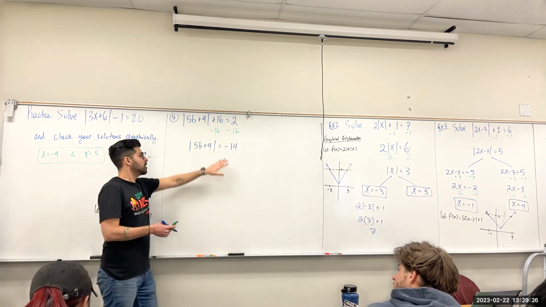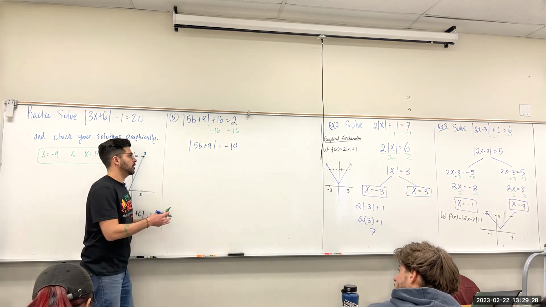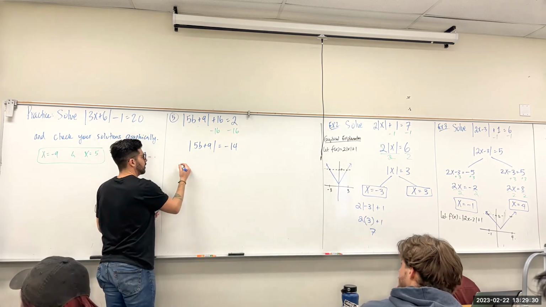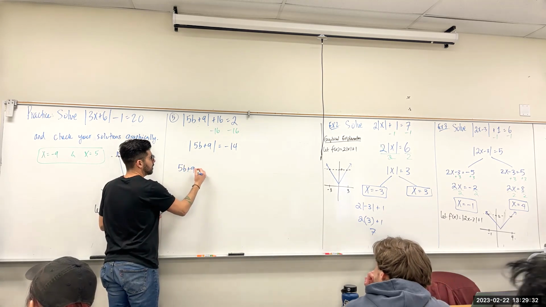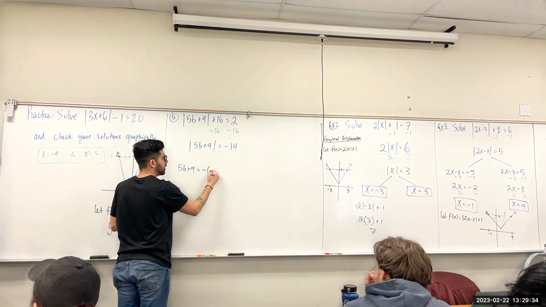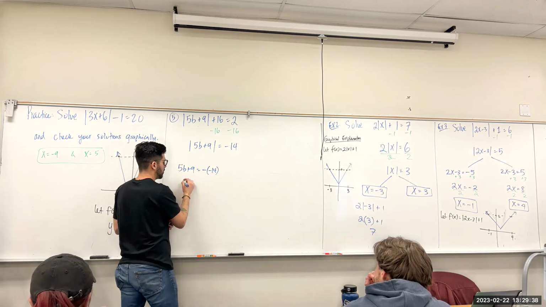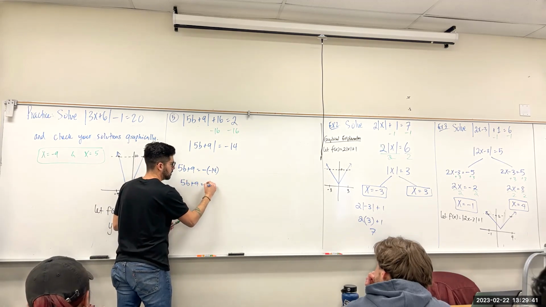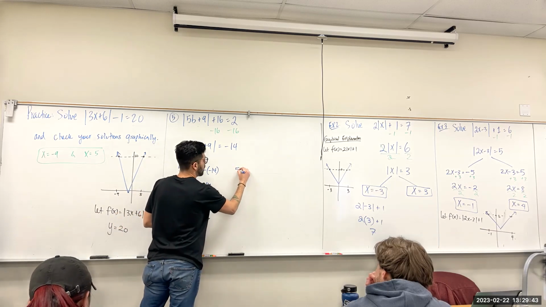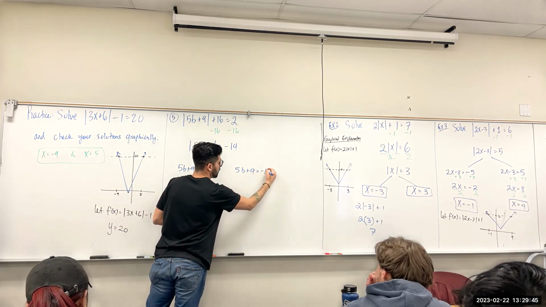Let me just write down what I saw some folks doing. Some folks were saying, all right, I'm going to split it up, so this is the negative of negative 14, which really just equals the positive of it. And then you were setting the other one to negative 14.